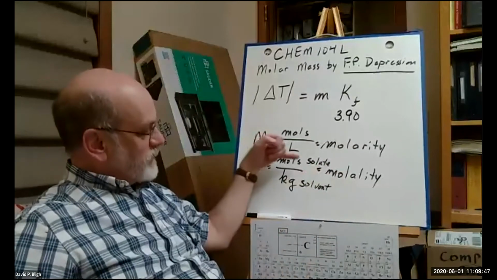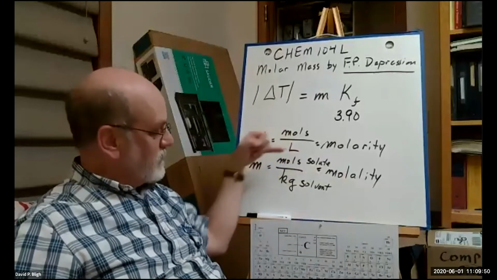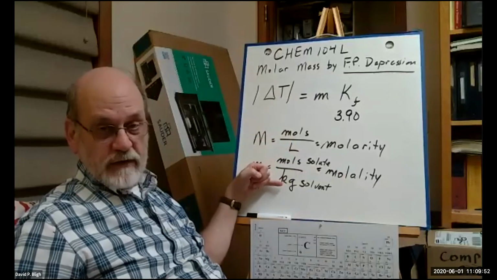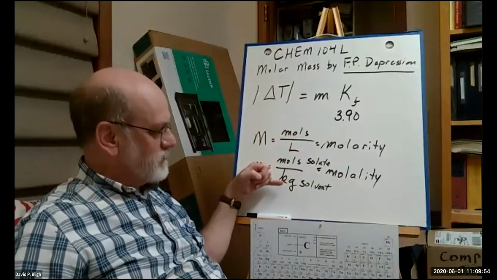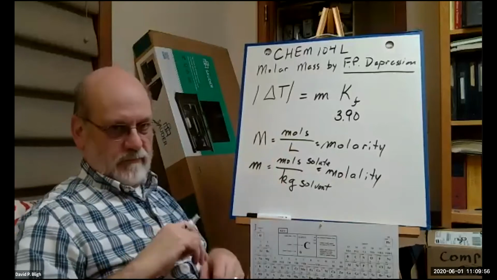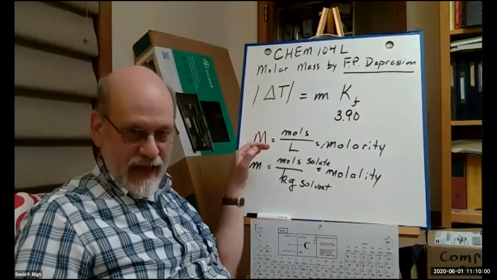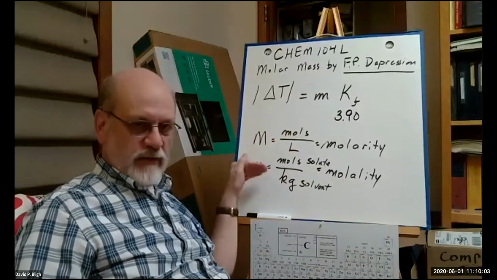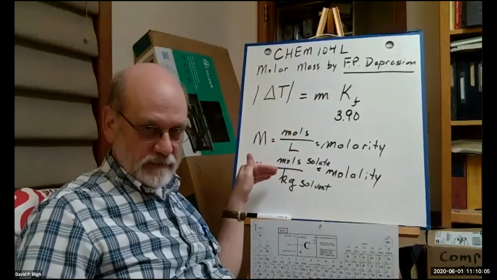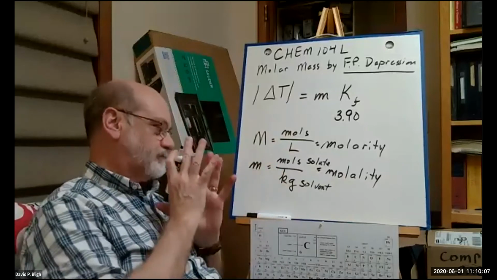Okay? The solute in our case is lauric acid. The kilograms of solvent is, oh, I got that backwards. Correction, moles of solute is benzoic acid. Kilograms of solvent is lauric acid. Okay.